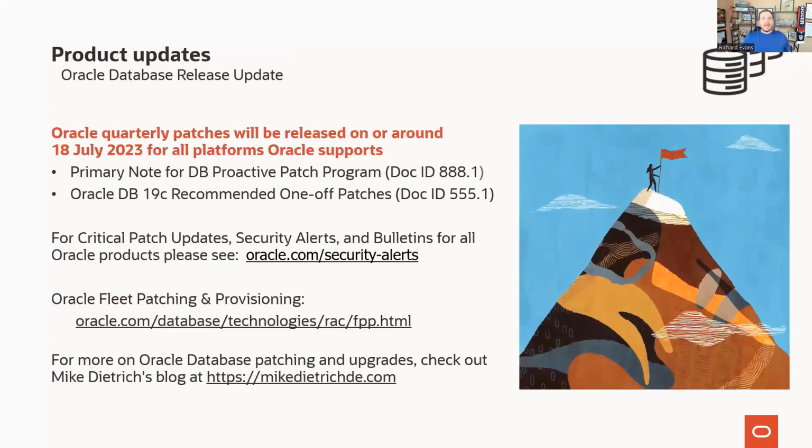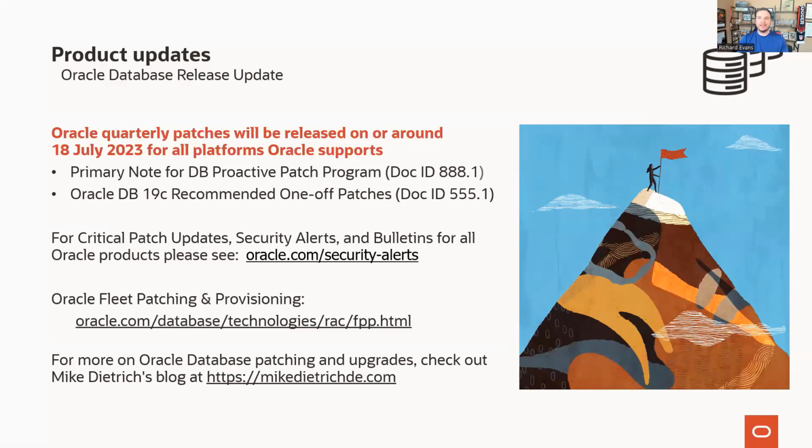Every month we talk about patching. Quarterly patching will come out on or around the 18th of July, so a week from yesterday. There's a couple primary notes and recommended one-off patches out there that you should look at. So those My Oracle Support documents are key. For critical patch updates, check out oracle.com/security-alerts.